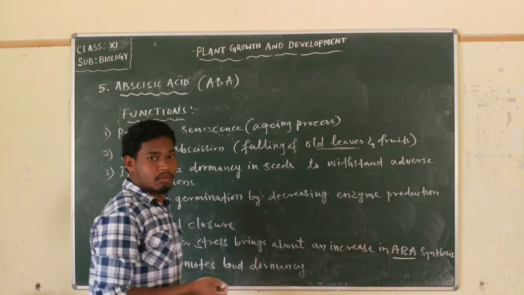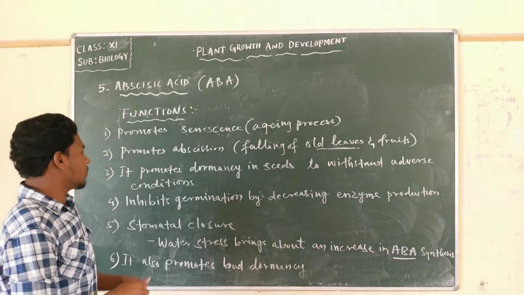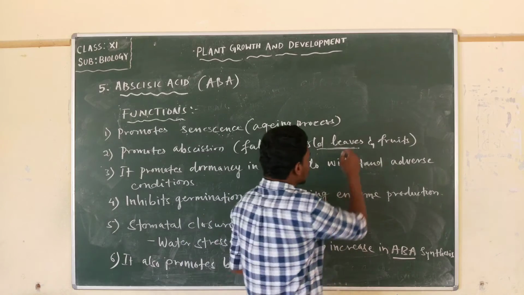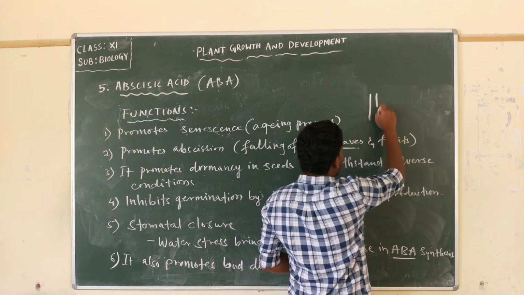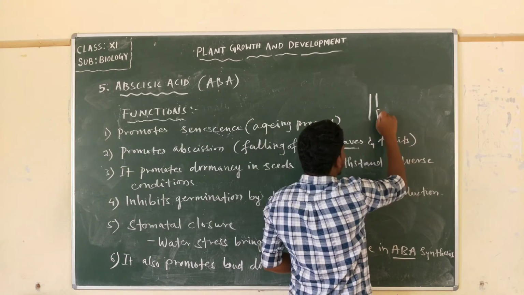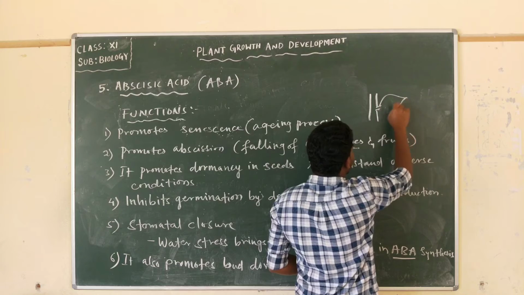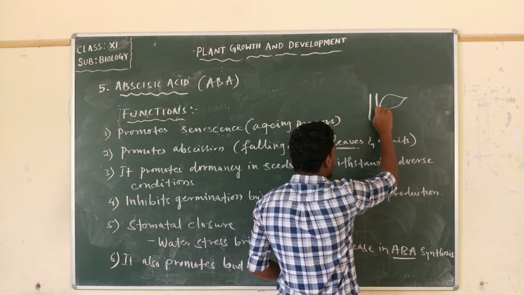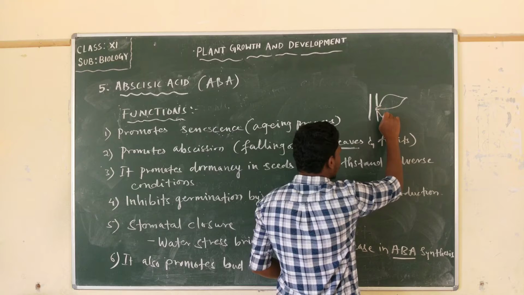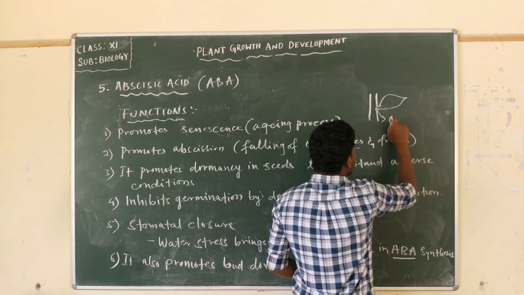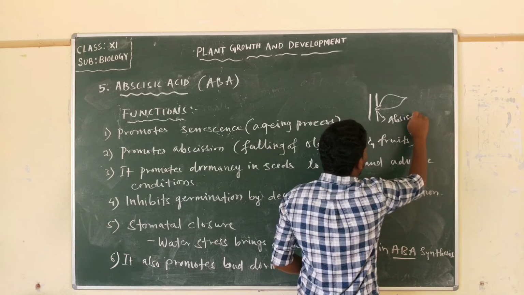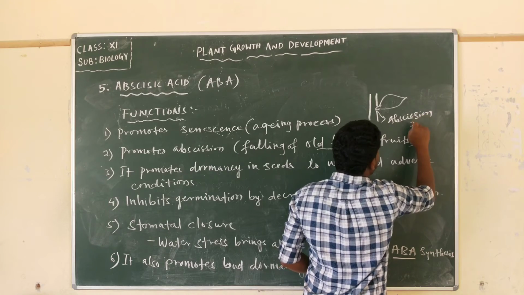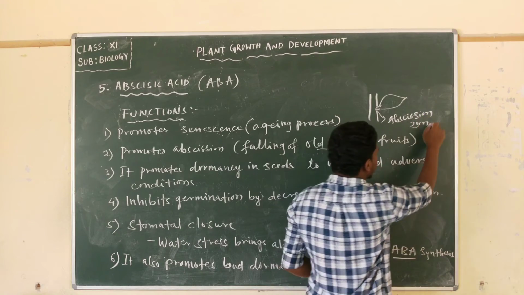Why do the leaves fall off? They fall off due to abscission. For example, this is the leaf, and this zone is the abscission zone.